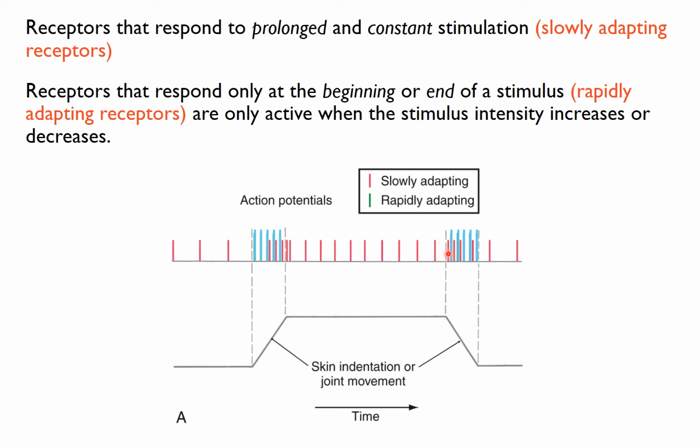The slowly adapting receptor, you see, has a pulse of activity at the beginning, and it slowly diminishes over time. The firing rate is spread out here. But when the change occurs, the loss of indentation, there is again another little pulse of activity from the slowly adapting receptor, and again it diminishes over time.